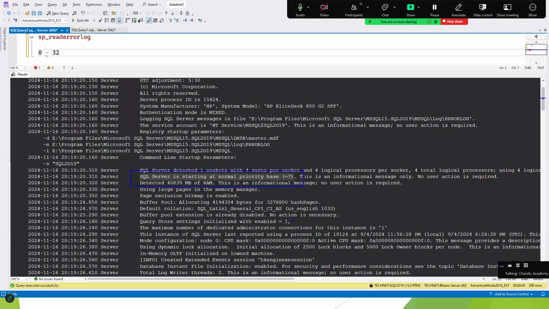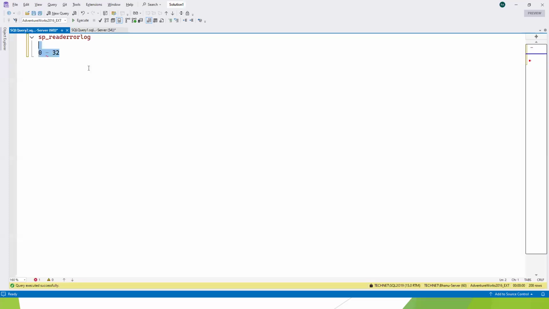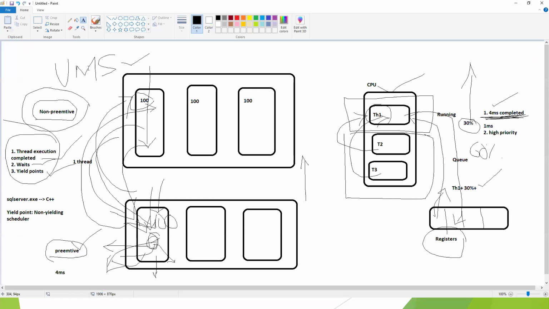In case of the non-preemptive scheduler, whatever it may be, we have some control over threads, so that a particular thread, after completing T1, works the same way as at the Windows level. It is only in preemptive mode, okay.